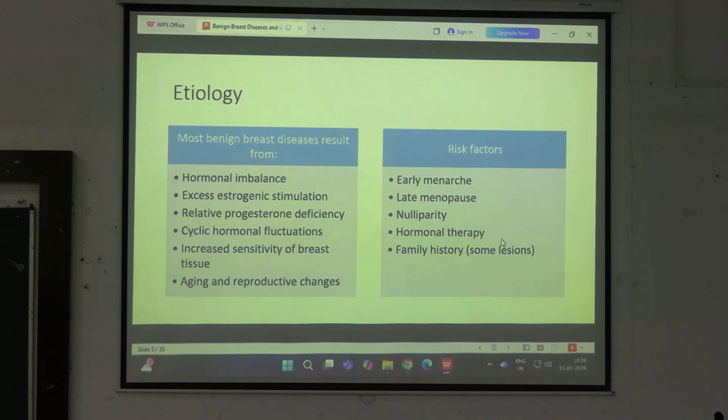When there is increased estrogen content, that will lead to increased proliferation, because estrogen causes this epithelial proliferation. And these are the similar things. There will be due to hormonal imbalance, excess estrogenic stimulation, relative progesterone deficiency, cyclic hormonal fluctuations, and increased sensitivity and aging and the reproductive changes.